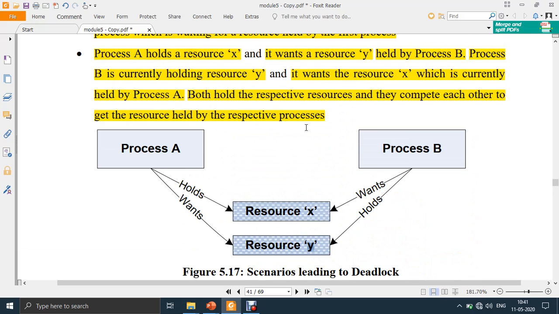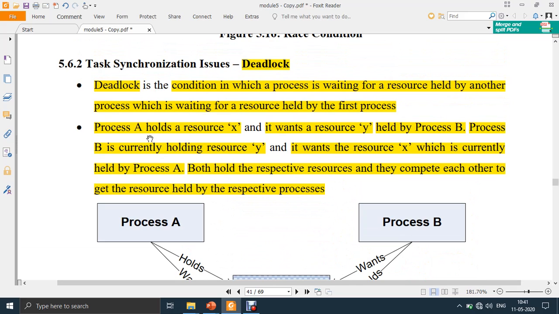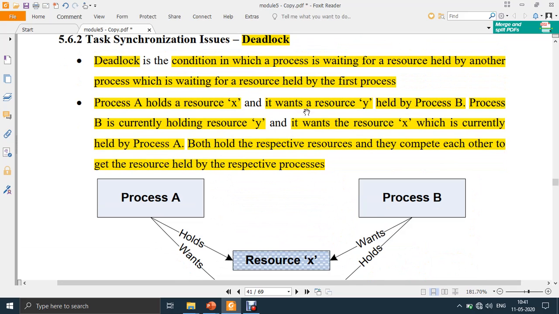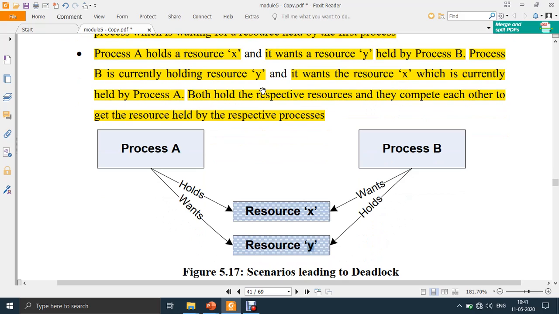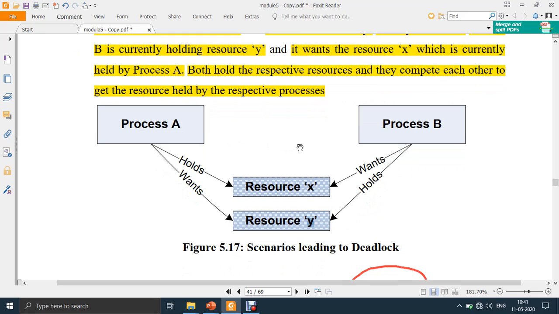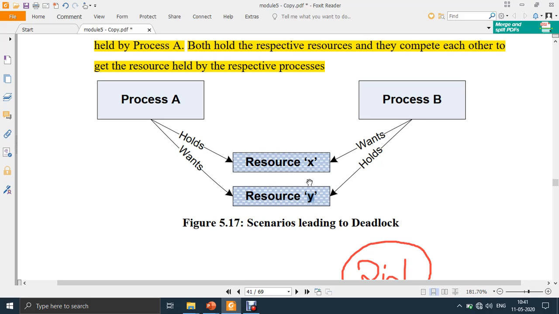So this is what should happen. Process A holds a resource X and wants Y, held by process B, and process B is holding Y and wants the resource X, held by process A. Both hold their respective resource and compete for the other resource, so neither of the processes can complete or progress.